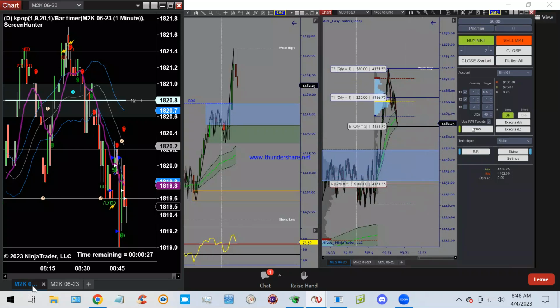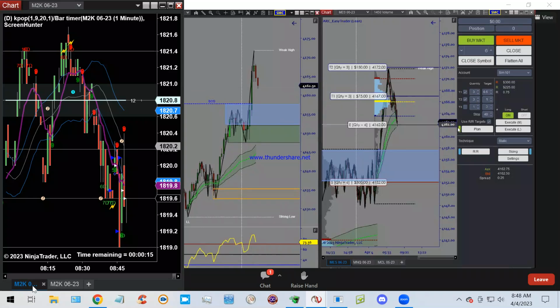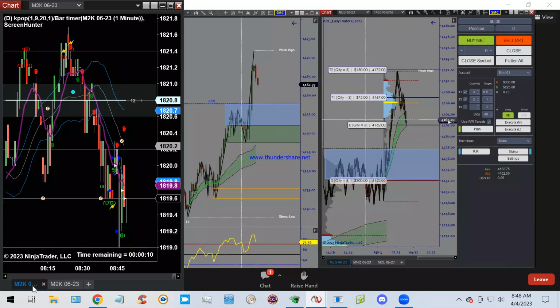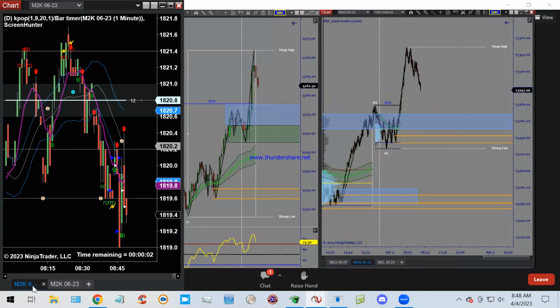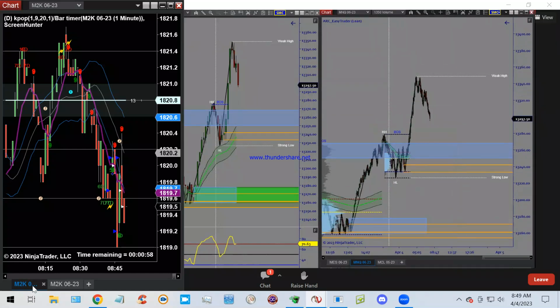1-to-1 into the highs from this CWAP. Nasdaq's the stronger of the two.